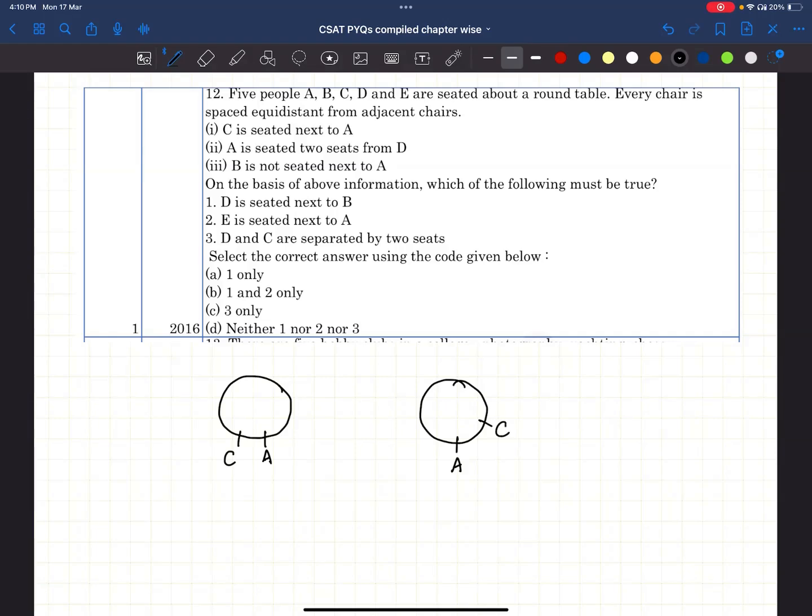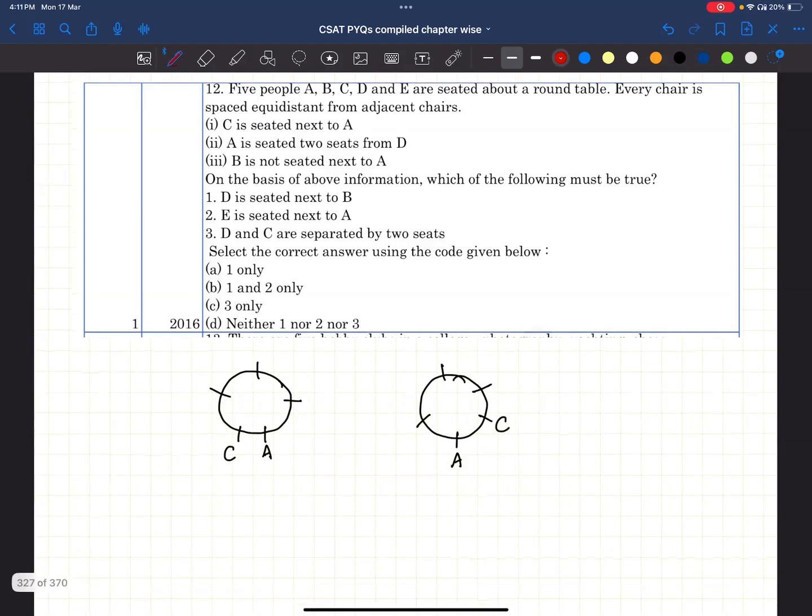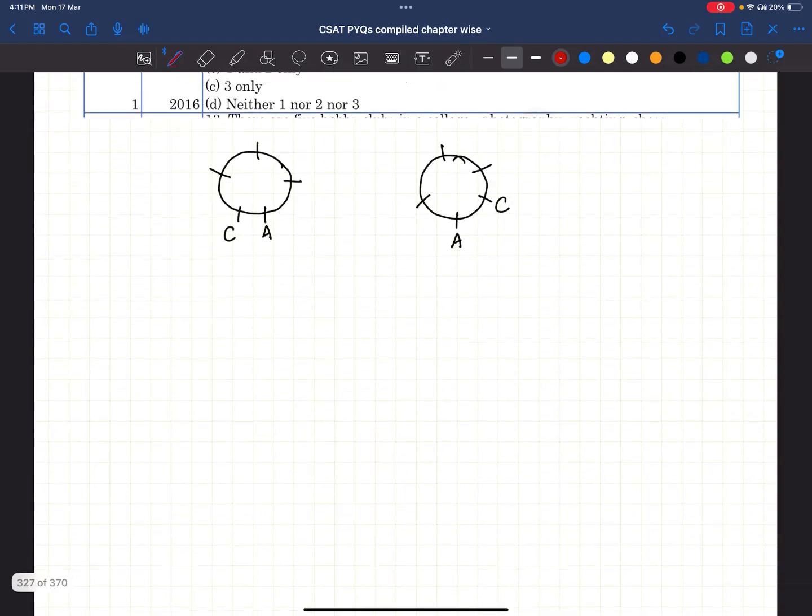A is seated 2 seats from D. There are 5 people, so let's take these as 3 seats. D can take either this seat or that one, since A is 2 seats from D. So here also we are getting 2 possibilities.